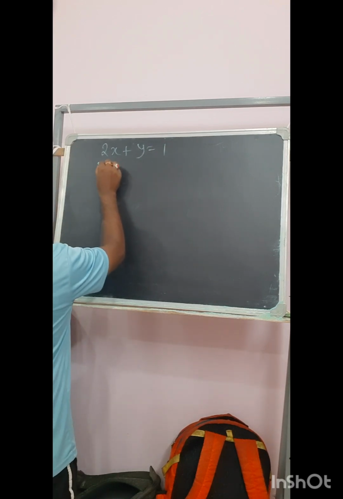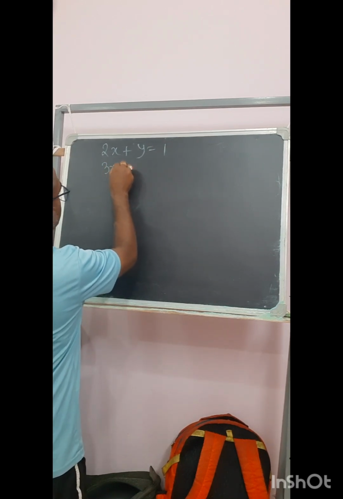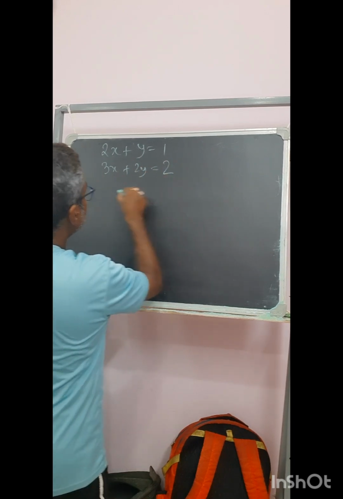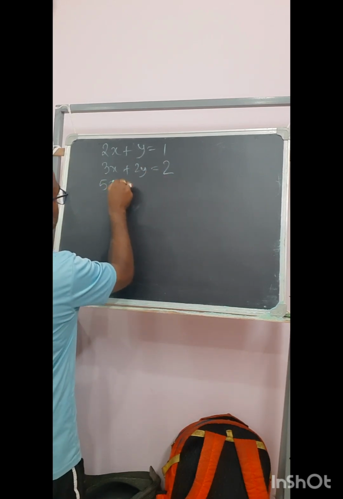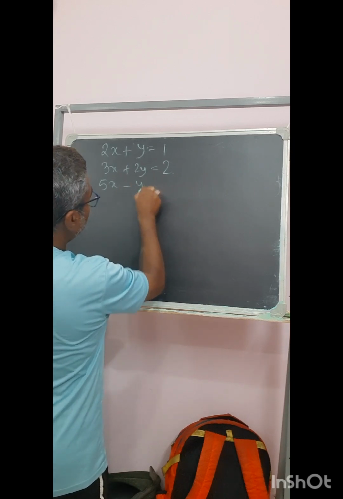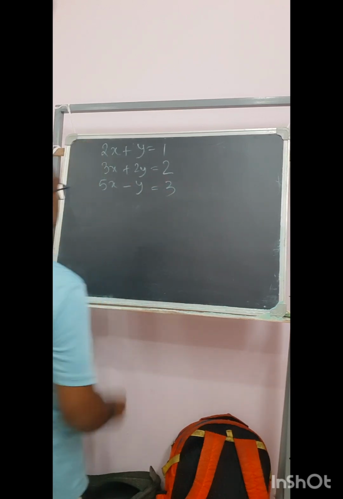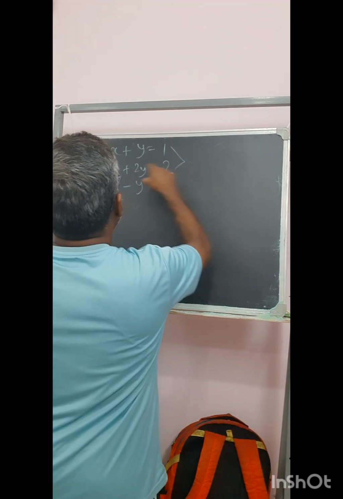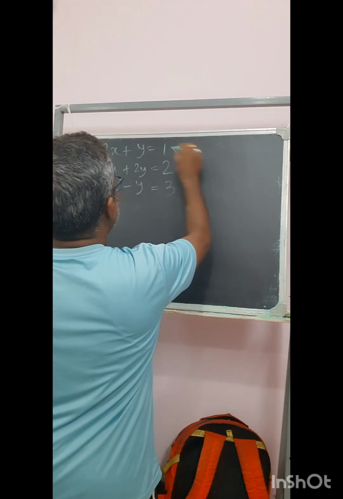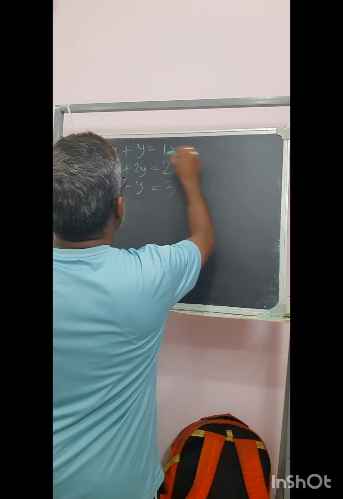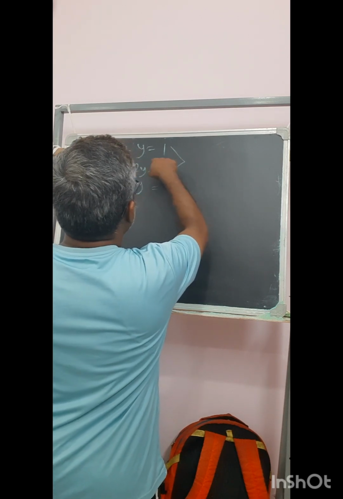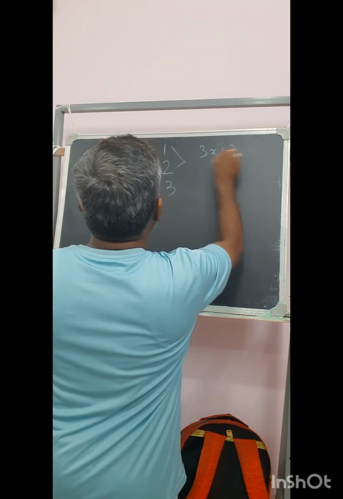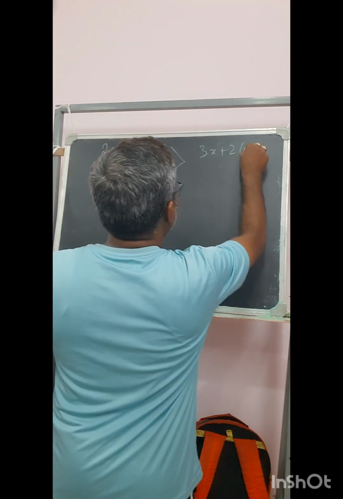This is the first line, this is 3x plus 2y is equal to 2, and maybe 5x minus y is equal to 3. Say I take these three lines forming a triangle, so I will solve it for that. If I do that, y will be equal to 1 minus 2x, so 3x plus 2 into y is equal to 1 minus 2x.